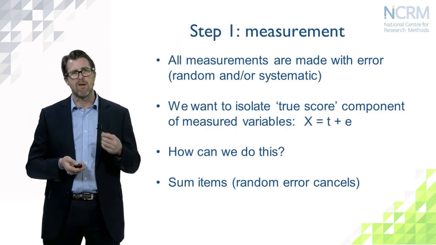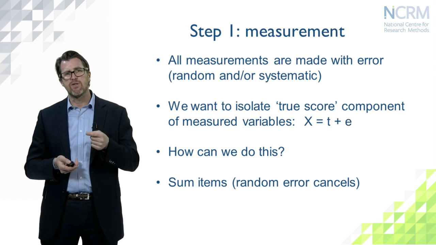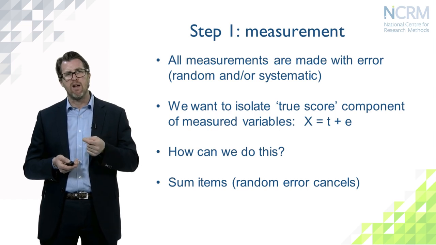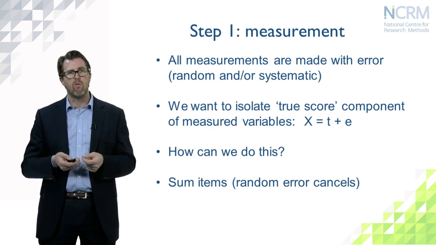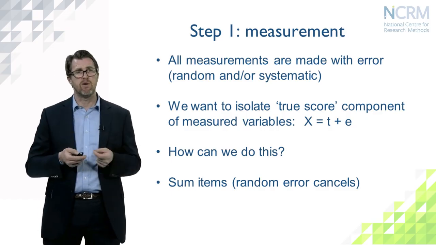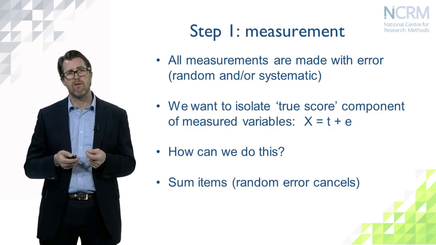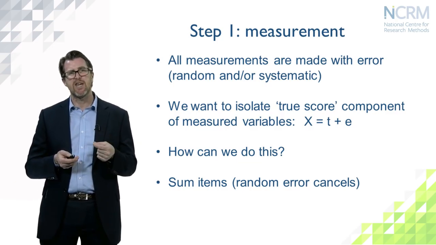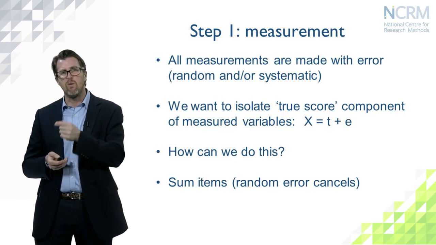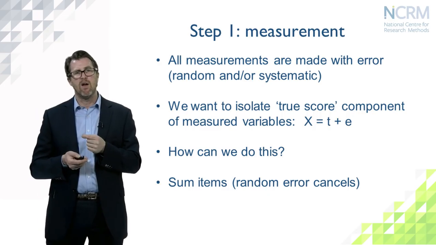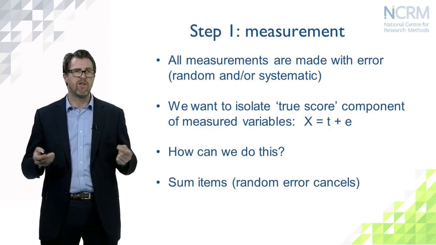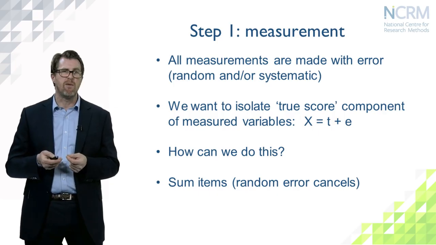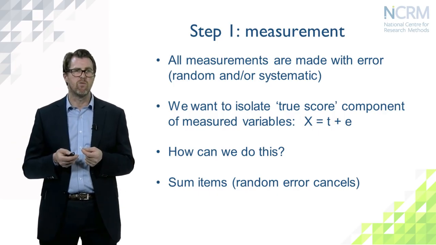Now this has some benefits because the random error in each of those measurements will cancel out as we add items together. But it's a rather unsophisticated approach, and in particular it gives equal weight to each item in the construction of the true score. And that's often something that we don't want to do.